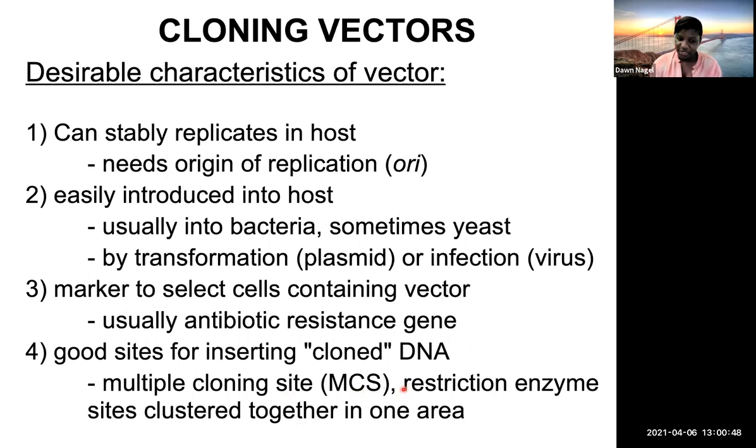These sites contain 10 to 20 different restriction enzyme sites that's clustered within this multiple cloning site. So you can use any of these 10 to 20 different restriction enzymes to cut your DNA and cut that plasmid and put them together, okay? So these are kind of the 4 very, very basic features that you will need to have on a cloning vector that you need if you're going to use it.